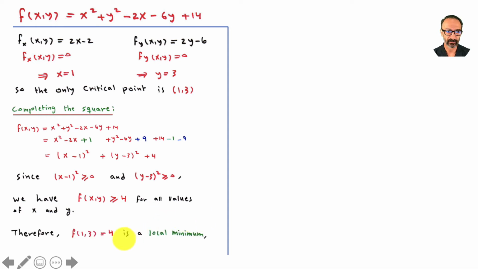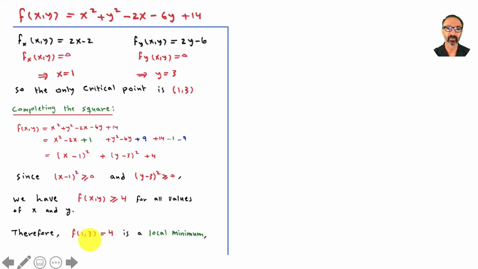Therefore, 4 is my local minimum. That's the concept of local minimum and local maximum. This right here, (1, 3), makes this 0 and this 0, and I will be with 4. That's the lowest that I could have for f(x, y), because anything else will give me more than 4.